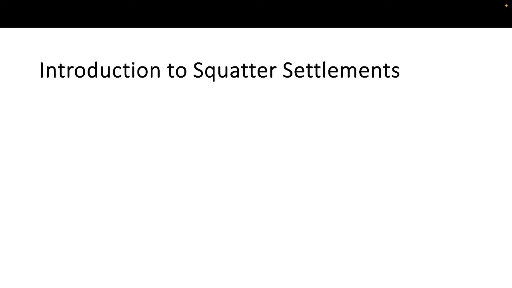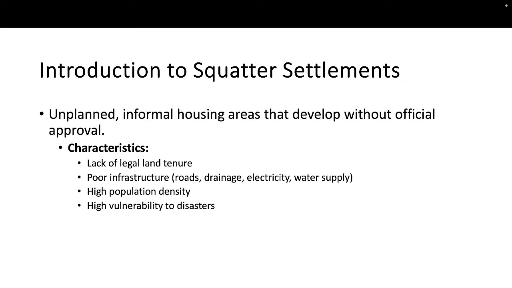So first of all, introduction to squatter settlements. Basically, they are unplanned informal housing areas that develop without official approval. Their characteristics mainly include lack of legal land tenure and poor infrastructure such as roads, drainage, electricity, and water supply. They also have high population density and high vulnerability to disaster.